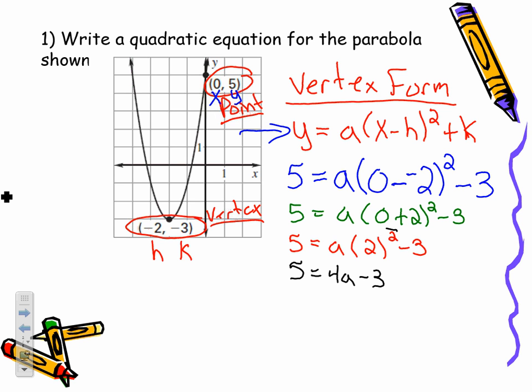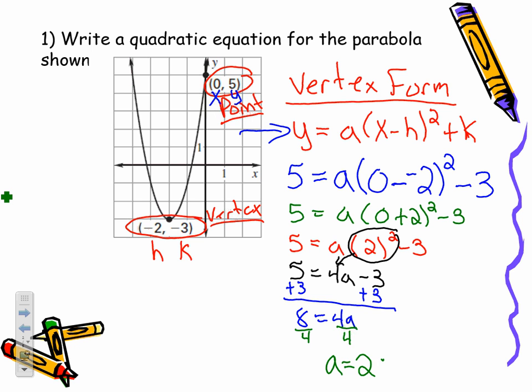So I'm just moving all of this right here in front of my a. To solve this, I have to add 3 to both sides. So 8 equals 4a. Divide both sides by 4, and a equals 2.